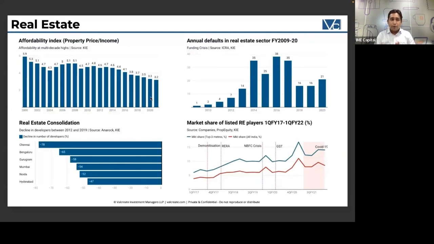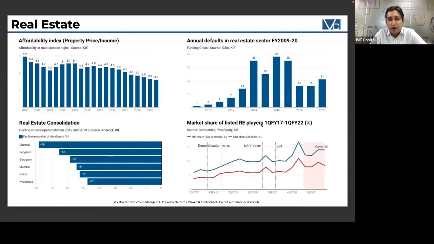Now, this improved affordability combined with the fact that there's been a lot of pain that the real estate sector has seen: a combination of demonetization, RERA, the whole NBFC crisis that has impacted funding for real estate players, and GST. And lastly, COVID has really led to a lot of the smaller developers struggling to stay afloat.